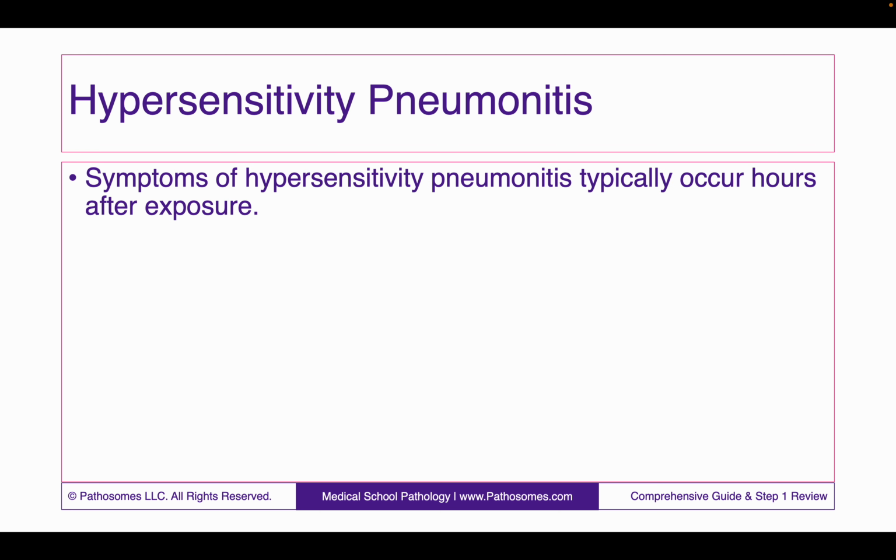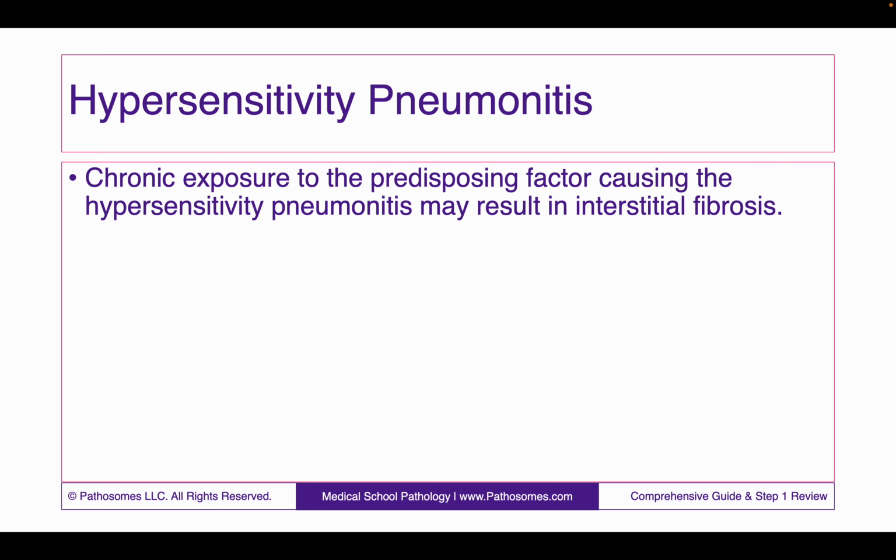And the symptoms typically occur hours after the exposure. And they fortunately usually resolve after removal of the antigen. Chronic exposure to the predisposing factor causing the hypersensitivity pneumonitis may result in interstitial fibrosis.